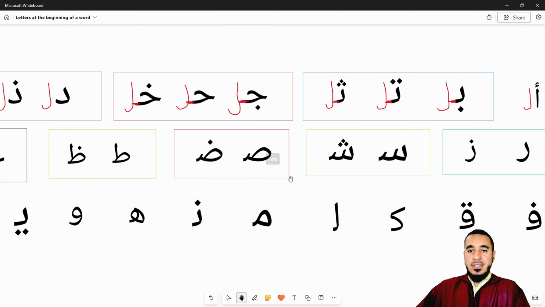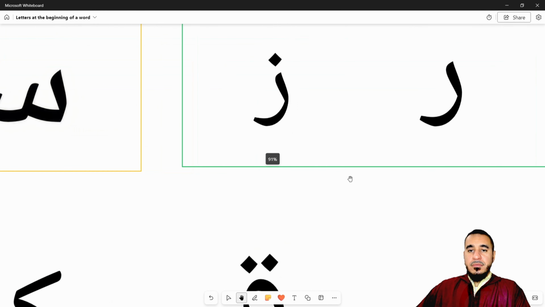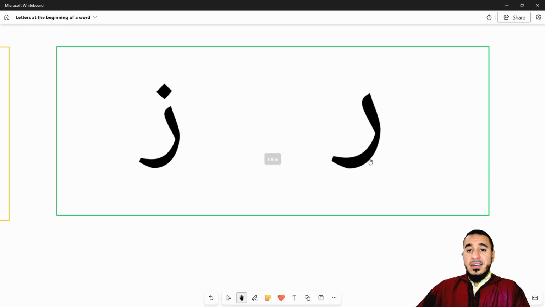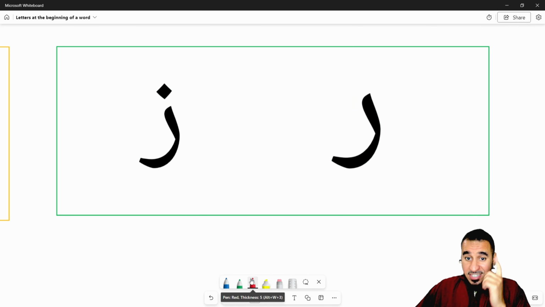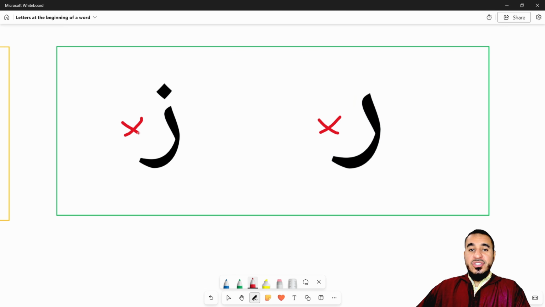Okay, let's look at the second row. We have the ra and the zay, which we said are the same shape, just that the zay has a dot above it. The ra and the zay are the same as their original form when they are by themselves, not part of a word, which should tell us immediately that it cannot physically attach to the next letter in the word.